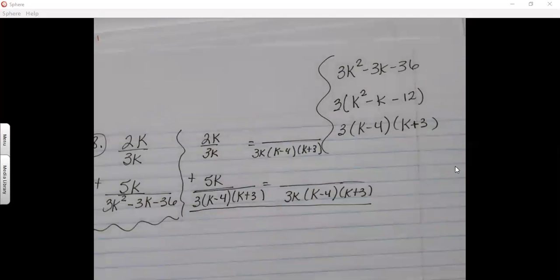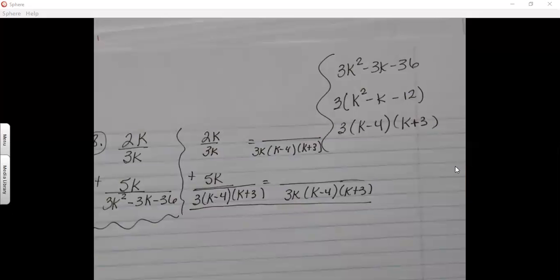Let's do that bottom fraction first. For my denominator, which factor is missing? Just a k, right? I have the 3, a k minus 4 and a k plus 3, but I don't have that k part. So I'll just need to multiply it by k.